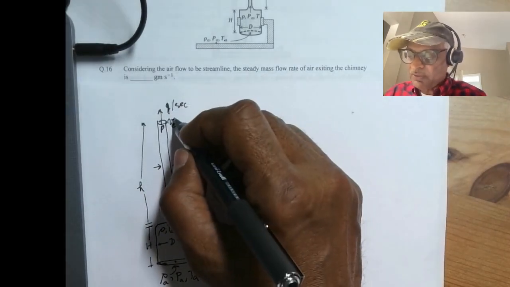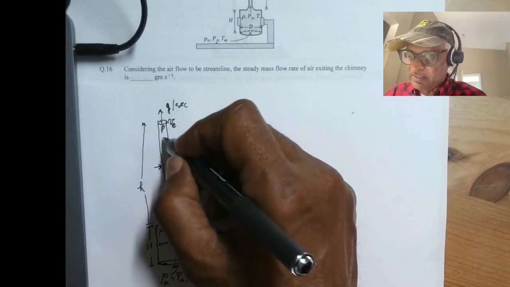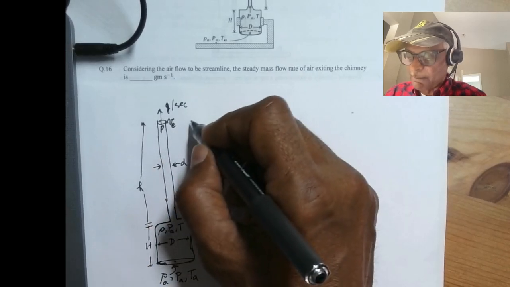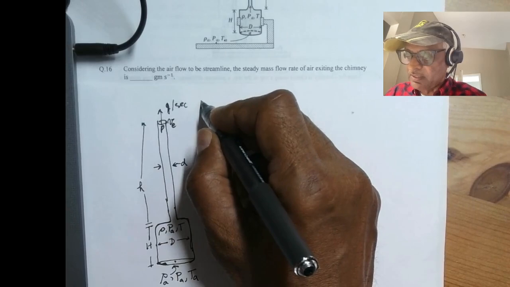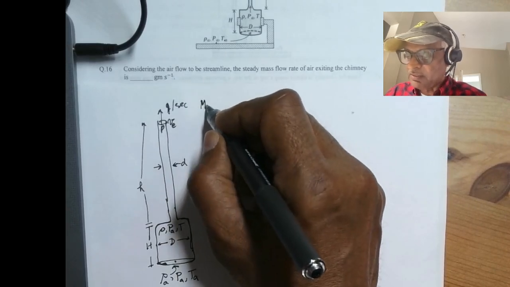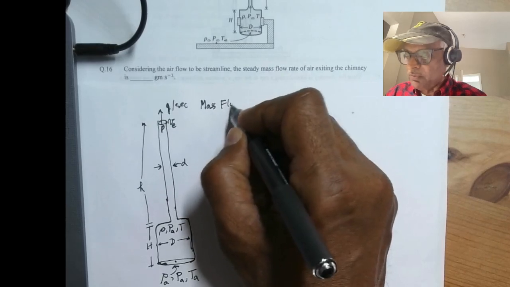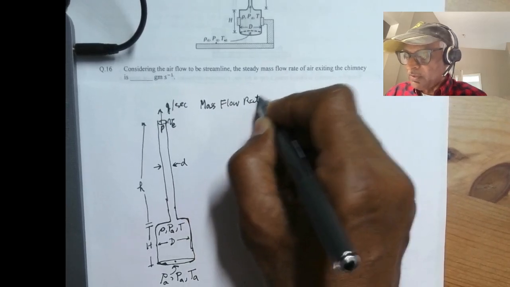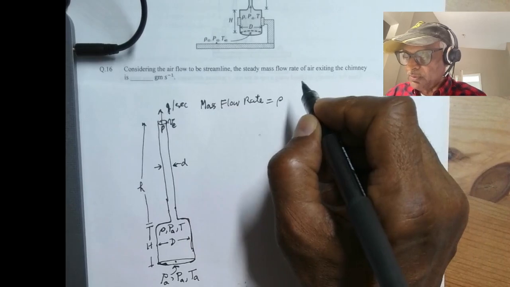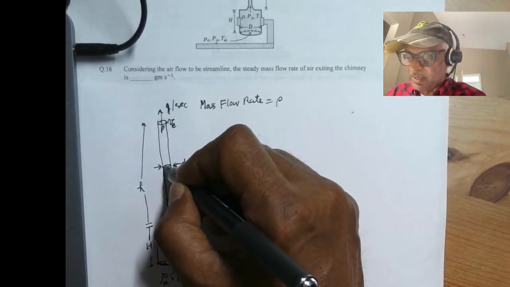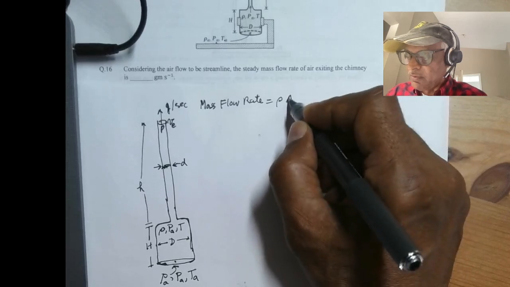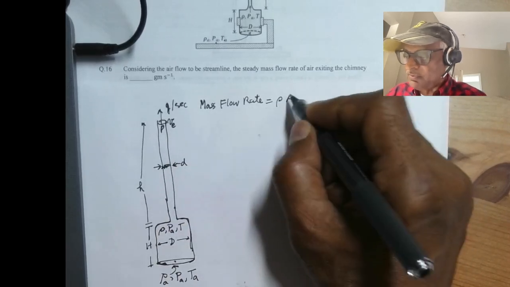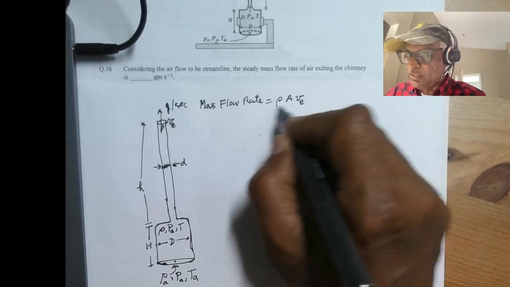So if I can figure out V_E, and this d is given, the mass flow rate will be rho times this area times V_E.